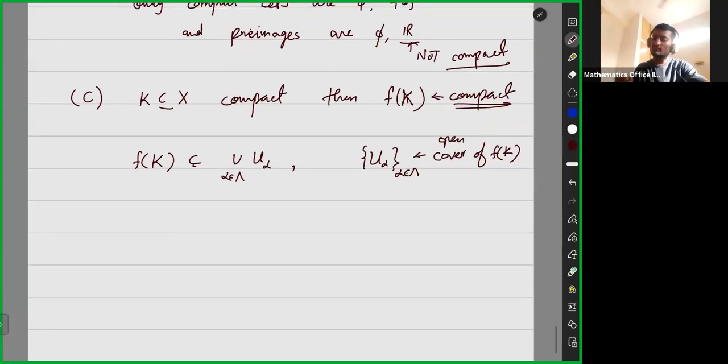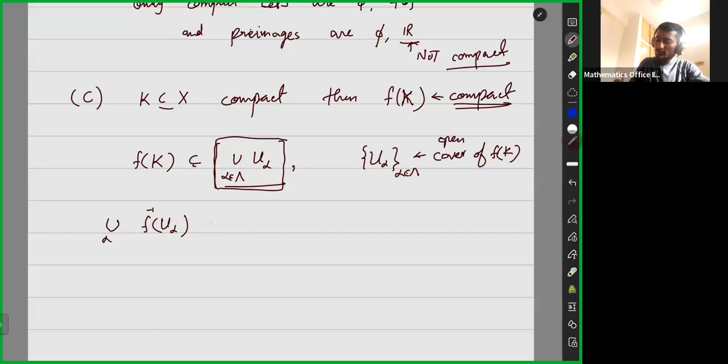How? We need a finite subcover from here. What we are going to do is consider f inverse of U_alpha. Because f(K) is contained inside this bigger union, the union over alpha of f inverse of U_alpha will cover K. And from here you get this, because these are also open. Why? Because f is continuous.